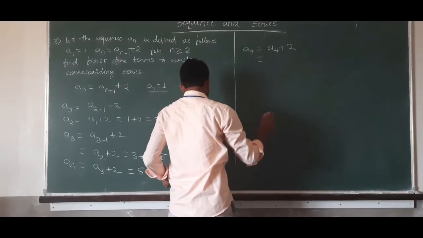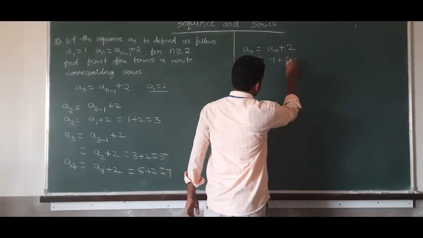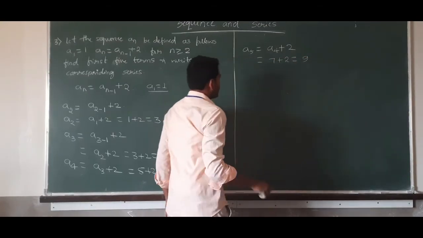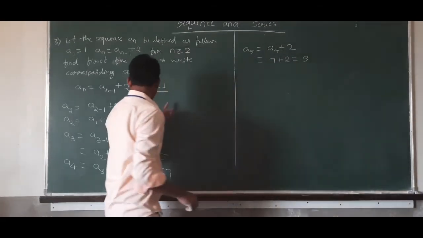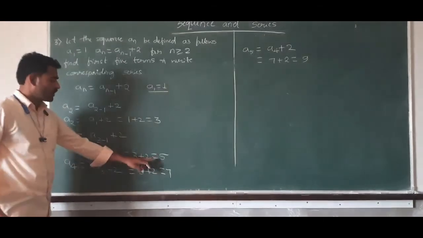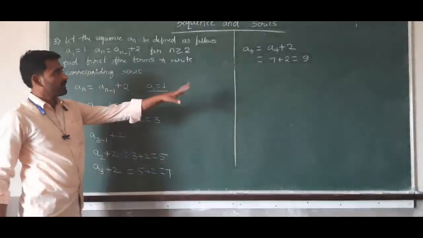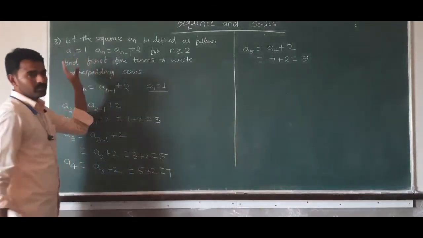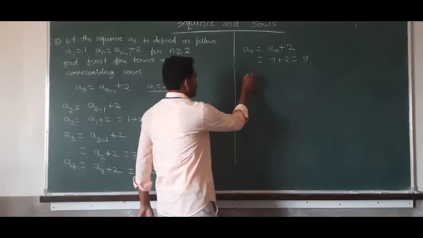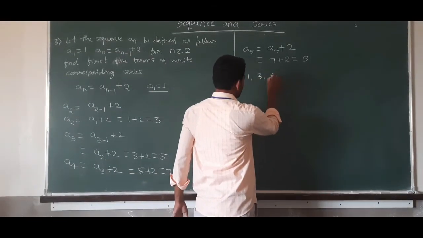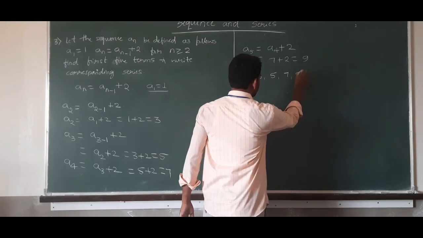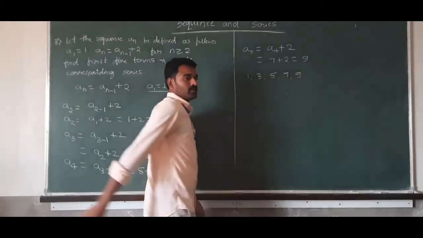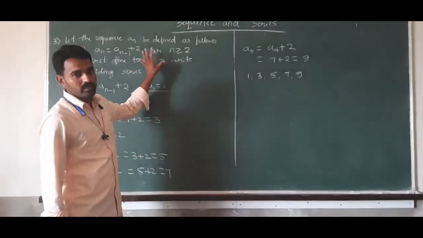So a4 means 7 plus 2 is equal to 9. So these are 1, 3, 5, 7 and 9. These are the first 5 terms of the given sequence.